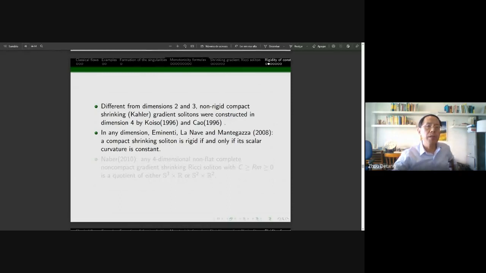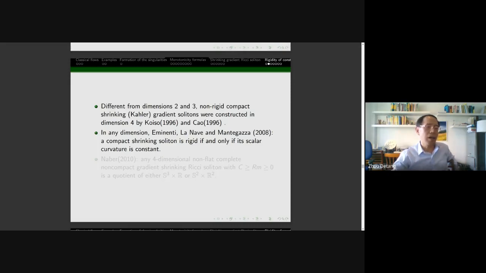In any dimension, Eminenti, La Nave, and Mantegazza proved that a compact Ricci soliton is rigid if and only if the scalar curvature is constant. After that, there were other works on the four-dimensional case.